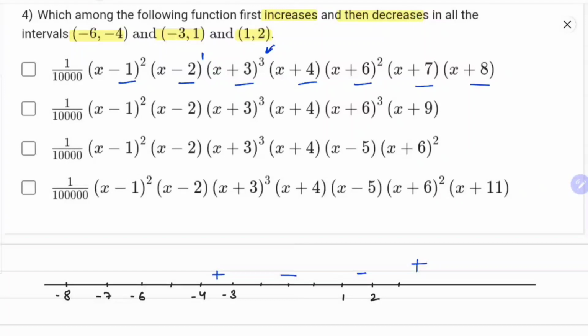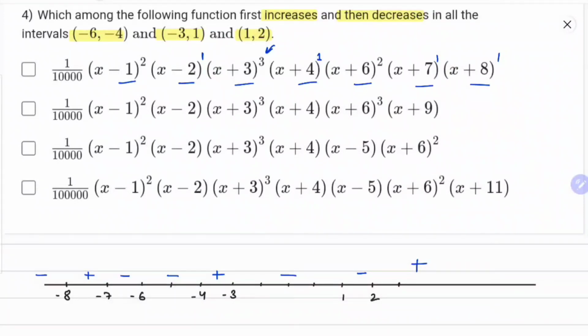Then at minus 4 it has odd power, so again the sign will change, it has power as 1. Then we have minus 6 which has even power, so the sign won't change, it will remain negative. Then we have minus 7 which has an odd power, that is 1, and minus 8 also has an odd power, that is 1. So you can clearly see when the graph is positive and when the graph is negative.